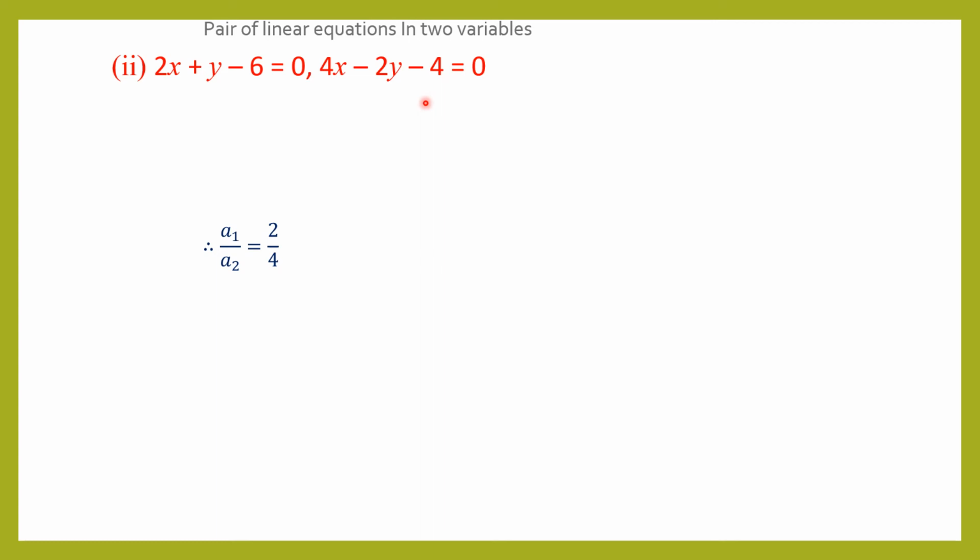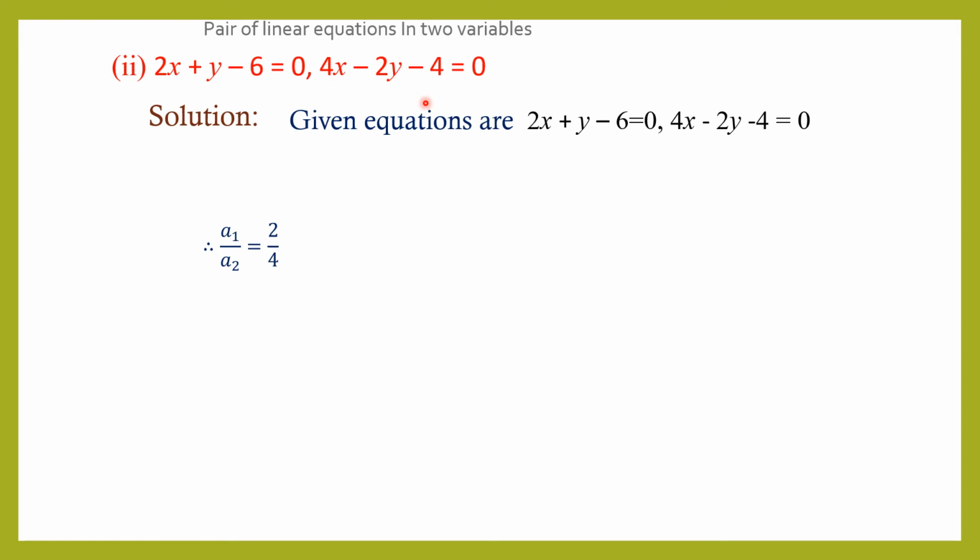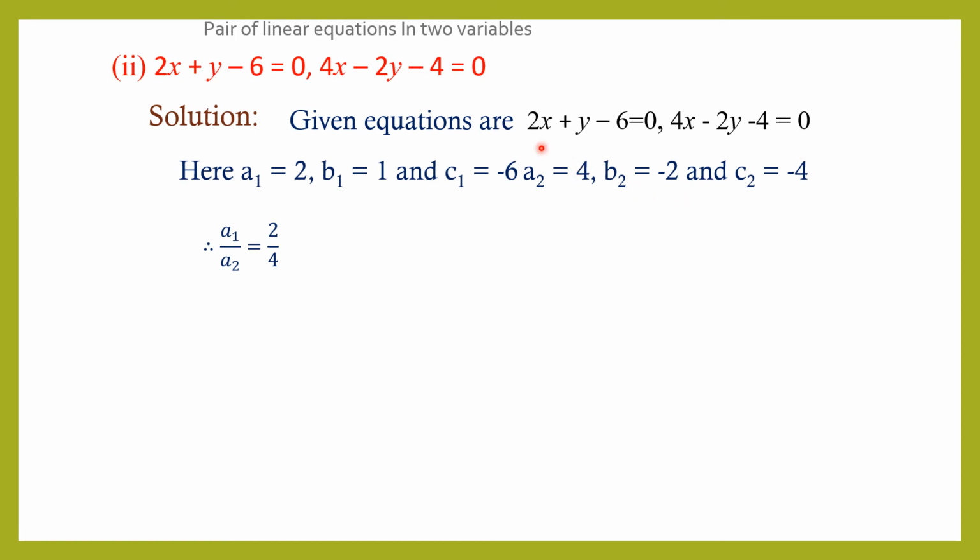Clear? So we are going to the solution part. Solution: given equations are 2x plus y minus 6 equals 0 and 4x minus 2y minus 4 equals 0. Here a1 equals 2, b1 equals 1 and c1 equals minus 6, a2 equals 4, b2 equals minus 2 and c2 equals minus 4.